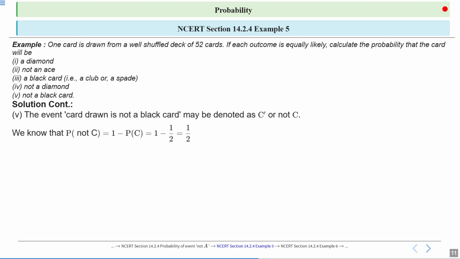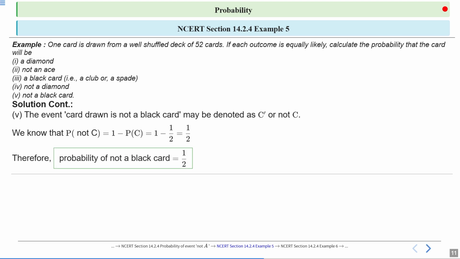So probability of not C is 1 minus 1 by 2, which is 1 by 2. Therefore, the probability of not a black card is 1 by 2.